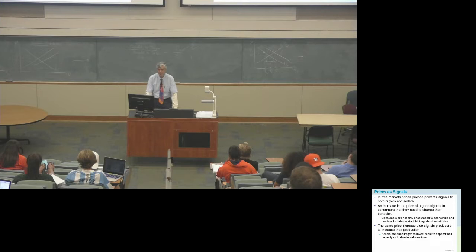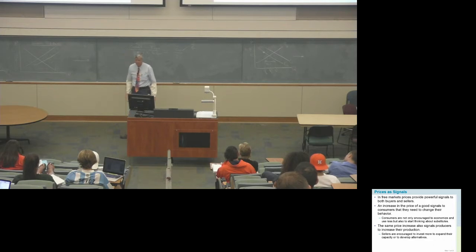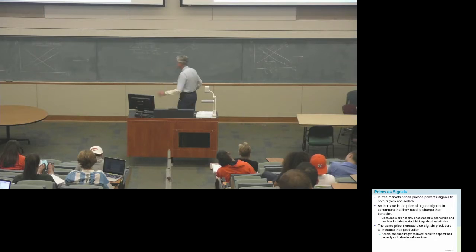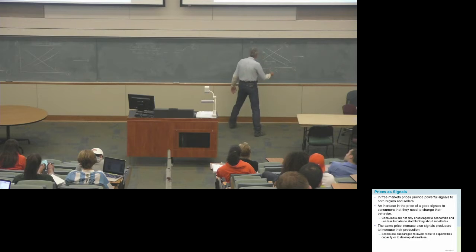Okay, so the same price increase that signals to consumers to economize and use less is telling the suppliers to produce more. So, for example, let's see, I was looking at my graph here. Here's one that has an increase in price.